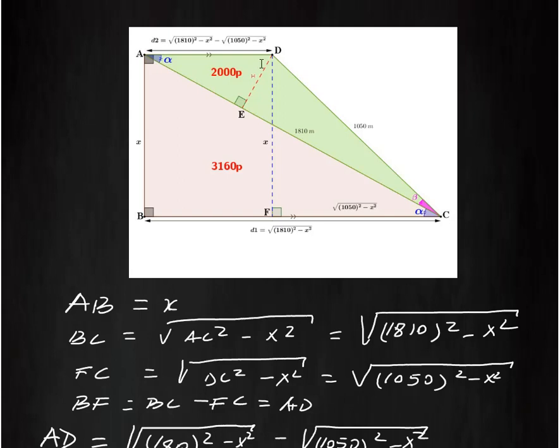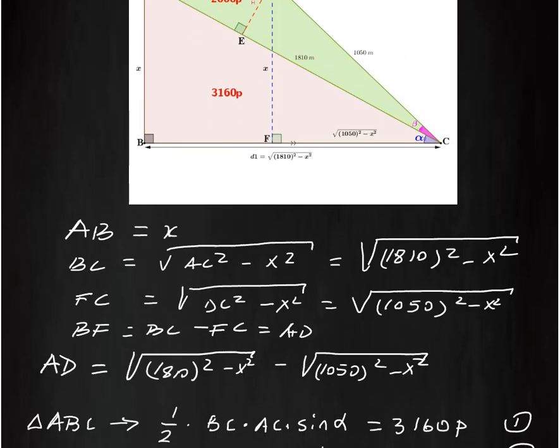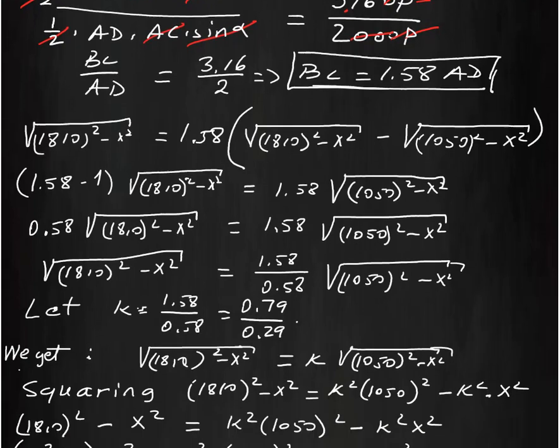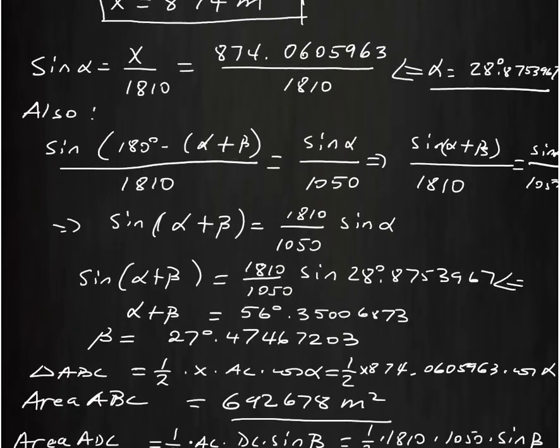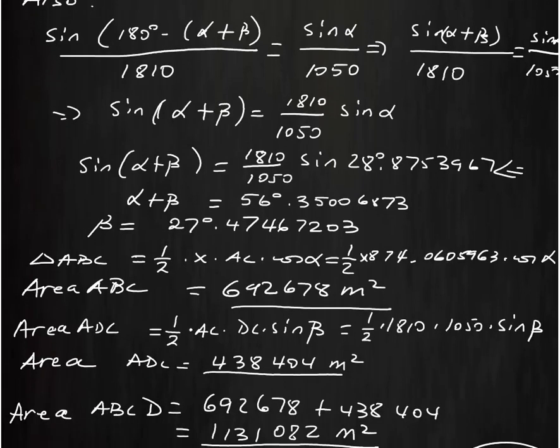So that means sine of this angle over AC is equal to sine of beta over DC is equal to sine of alpha over 1050. So if I go down, I can say that sine of (180 minus alpha plus beta) over 1810 is equal to sine alpha over 1050.